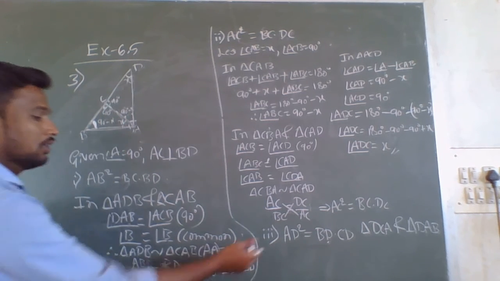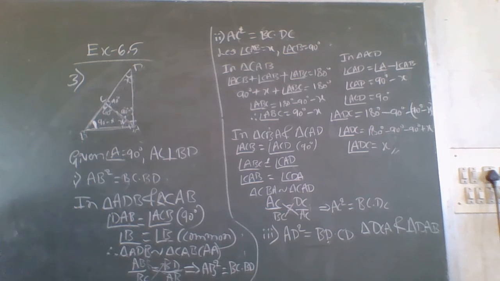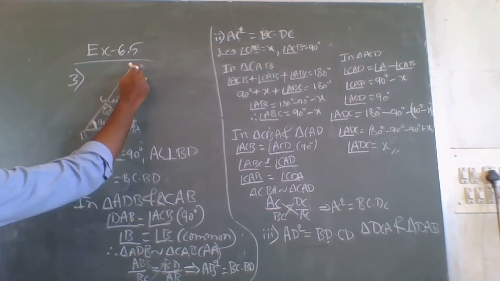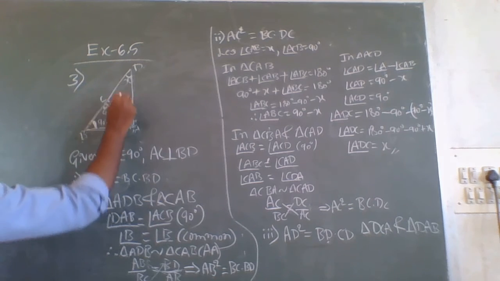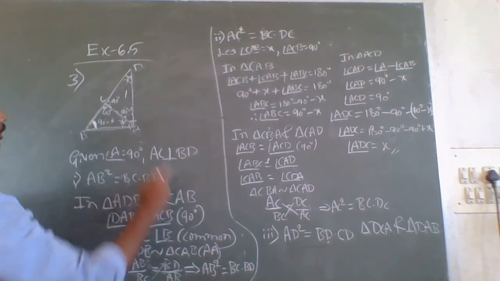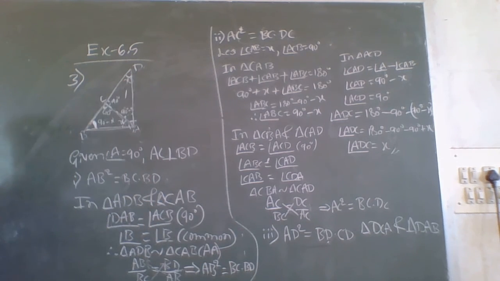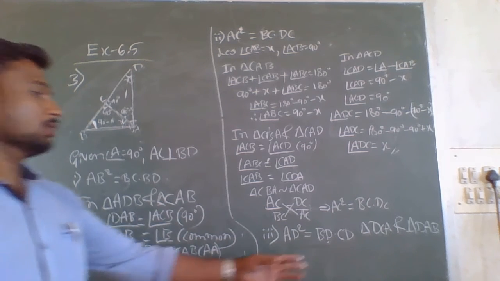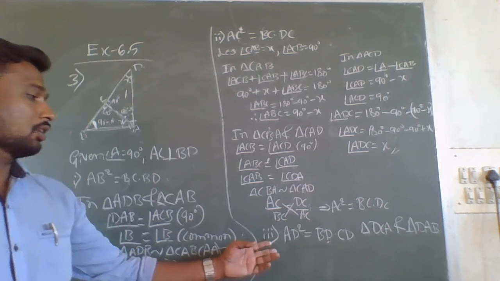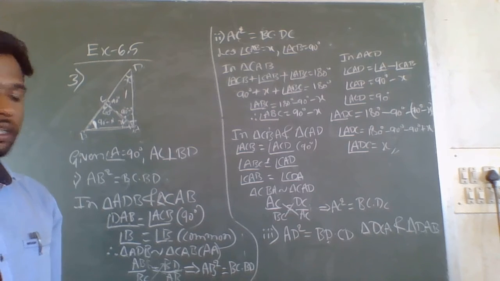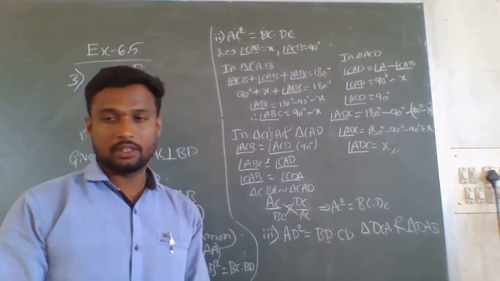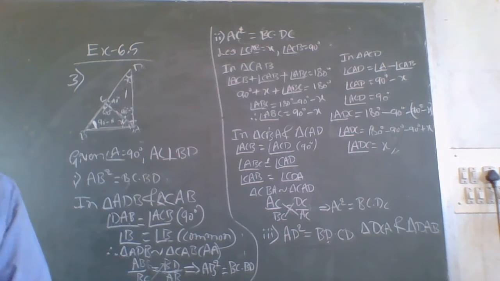And for third question, we have to consider this triangle DCA, this top triangle, and whole triangle DAB. So when you prove these two triangles are similar, then corresponding sides are proportional. By that you can prove AD square is equal to BD into CD. I hope you all are clear with this third problem.